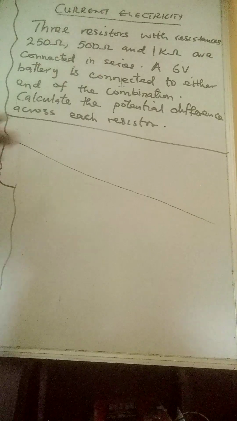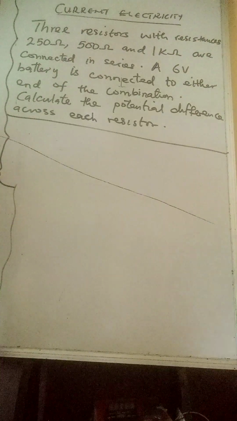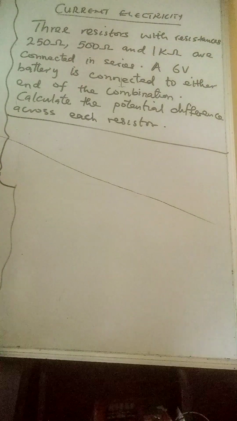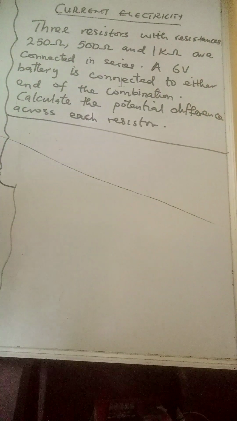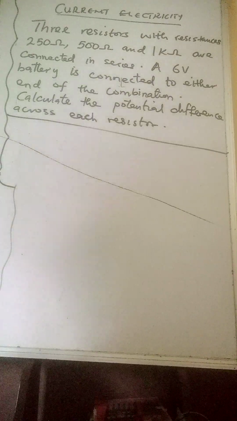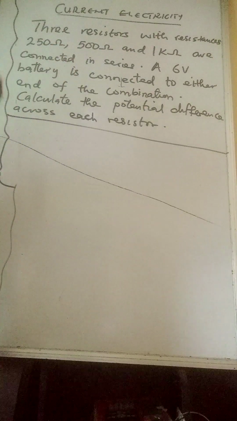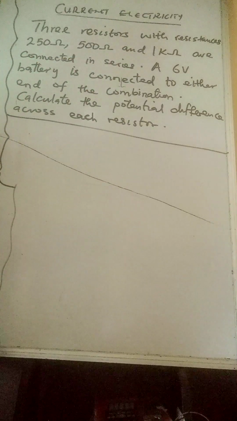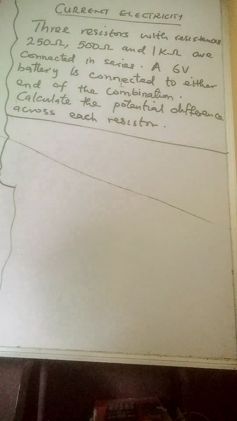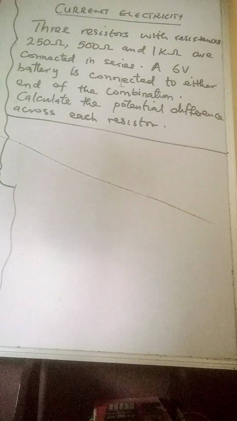Okay, it is very obvious that this one is on series arrangement. So the first thing I will advise you to do when you are writing WAEC or NECO or any other O-level exams is to sketch the circuit diagram. That will help you get extra marks. Let's have a look at the circuit diagram for this question.